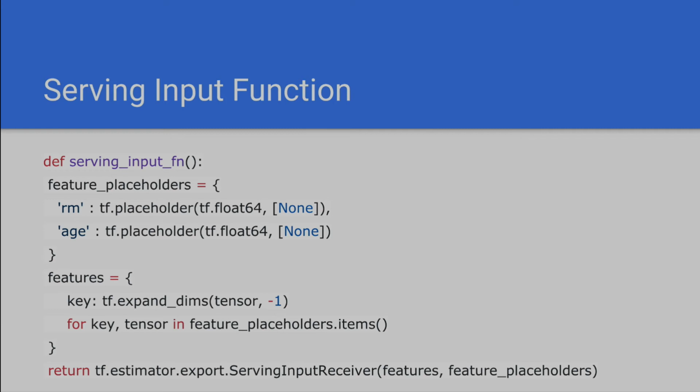You define your features, and your features will take your feature placeholders and will expand them, and they will create keys and tensors out of those. And then you'll return your serving input function. Your serving input function will take features and feature placeholders.